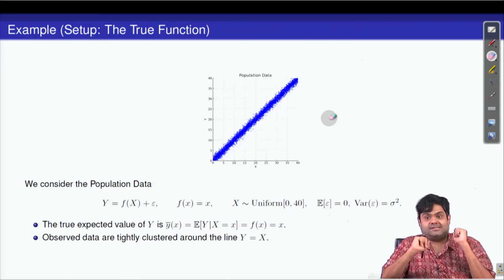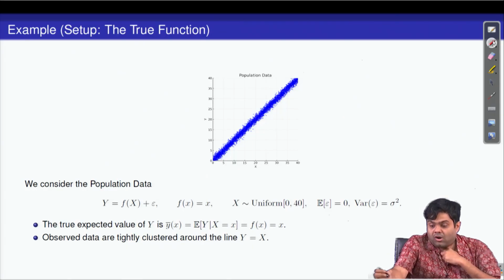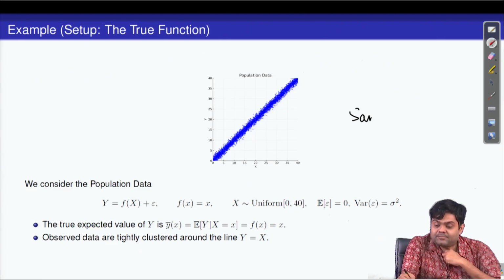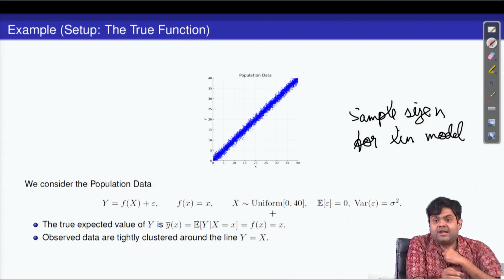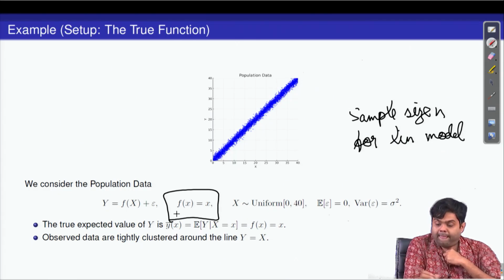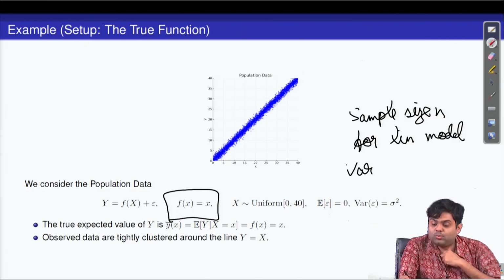What happens to variance? For sample size n, for a linear model, because this is a linear relation already, the variance will be of the order sigma square over n.